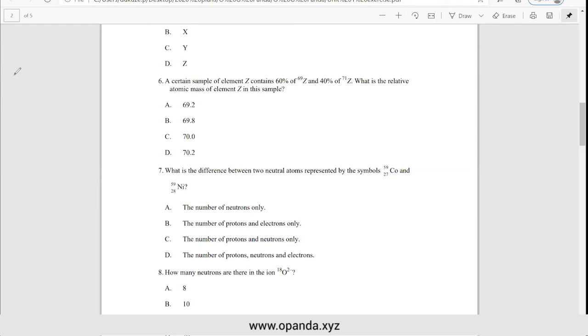We have 69 times 60, and we add 7 times 40, over 100. Was it like this?